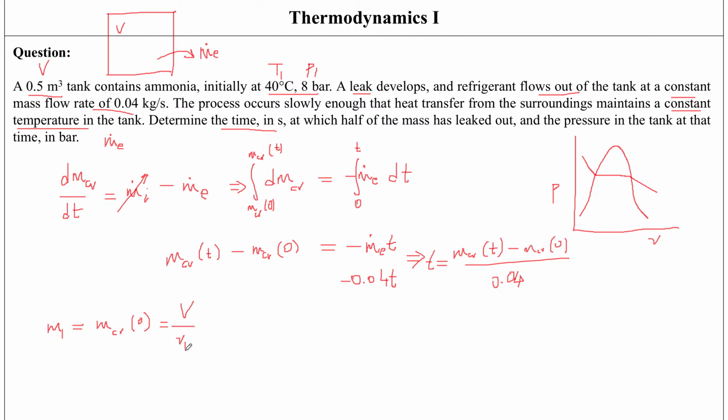So using these two, I can go to the tables for ammonia and find out the value for specific volume. Okay, I'm going to leave that as an exercise for you.